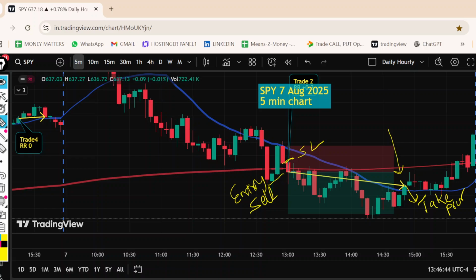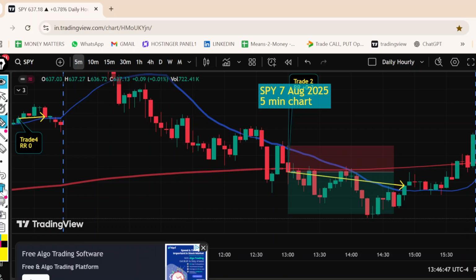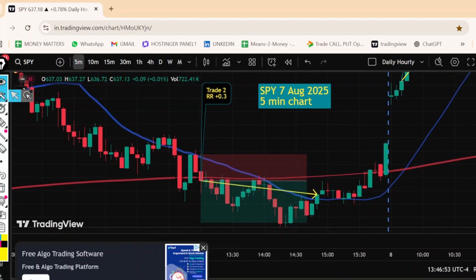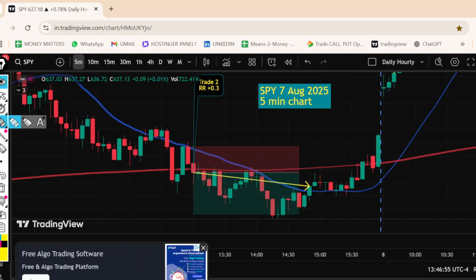If you calculate the risk reward ratio on this trade, we earned around 0.3. This is negligible, but it will recover our brokerage cost, the small cost of doing this business.